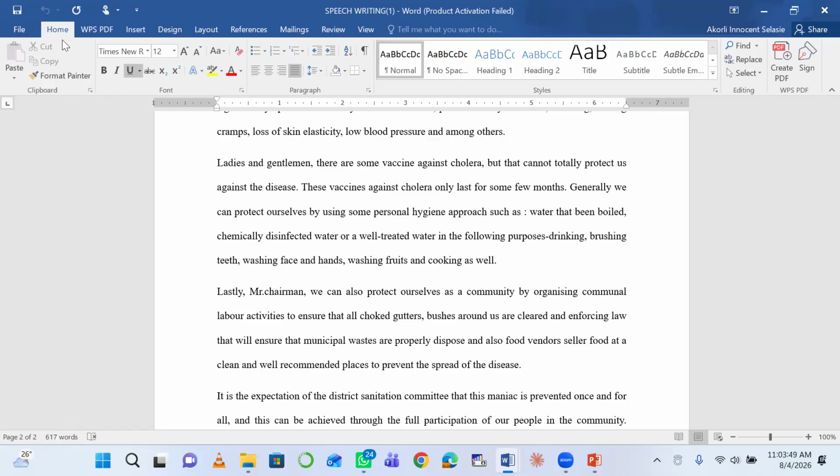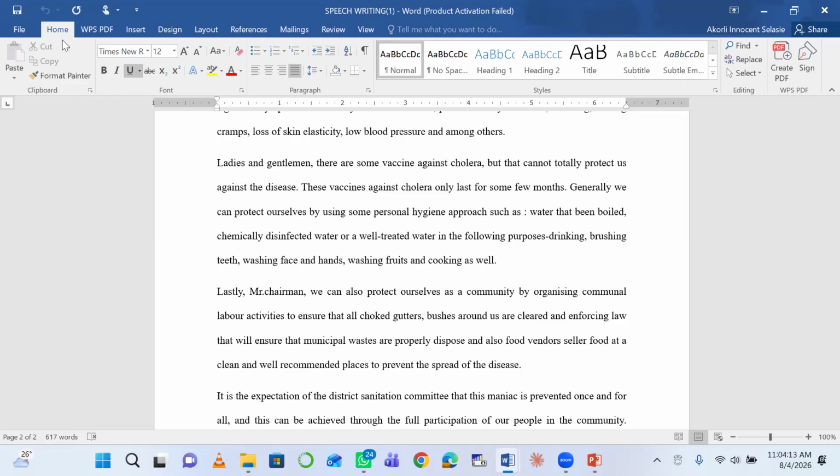Generally, we can protect ourselves by using some personal hygiene approaches, such as using water that has been boiled, chemically disinfected, or well treated for the following purposes: drinking, brushing our teeth, washing face and hands, washing fruits, and cooking as well.